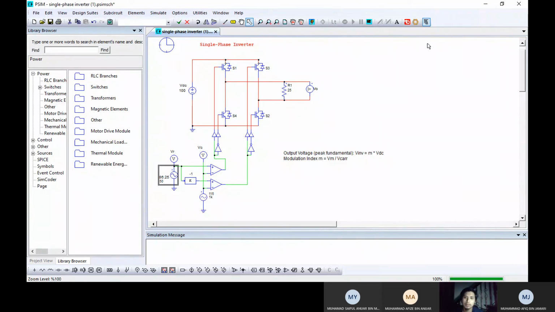Assalamualaikum. My name is Muhammad Nasrafi and I will give the answer for question C. The task is to find the waveform of VR2 and VC, which are the reference signal and carrier signal.